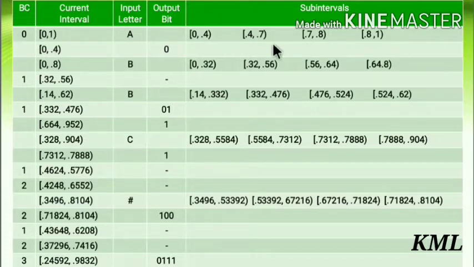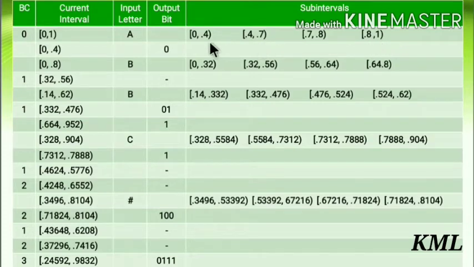We have seen how to do this in our previous videos, so you can refer to those videos. After making the subintervals, we get these 4 subintervals: 0 to 0.4, 0.4 to 0.7, 0.7 to 0.8 and 0.8 to 1.